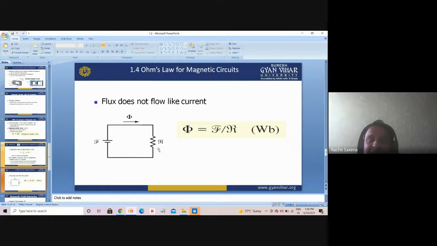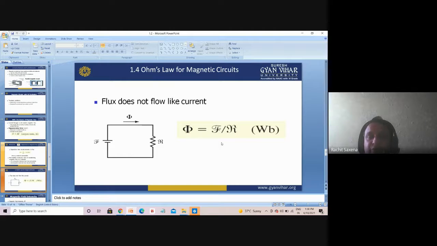I earlier told you that reluctance is similar to resistance in the electrical field. So this circuit shows the analogy between electrical and magnetic circuits. Understand or not? We can say I is equal to EMF by resistance in the electrical field, but here phi is equal to MMF by reluctance, in Weber.